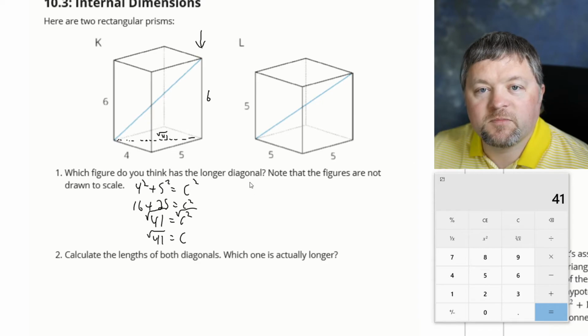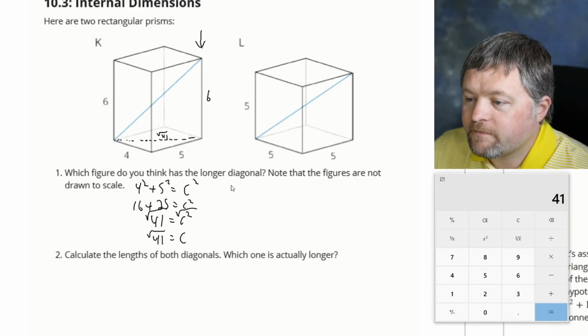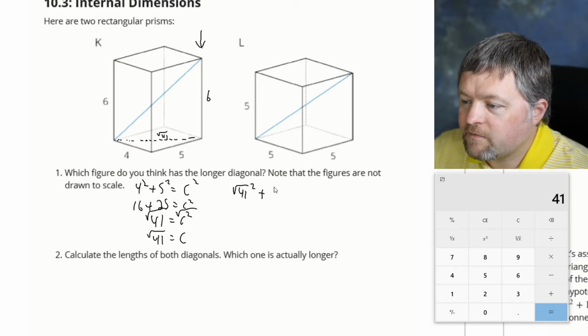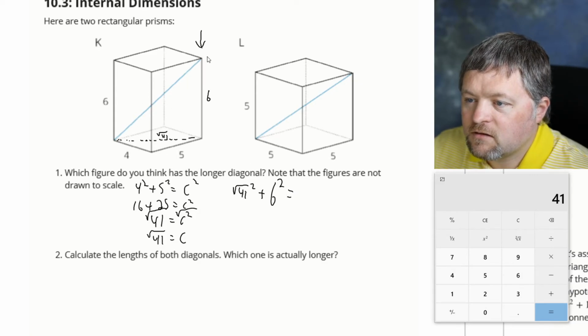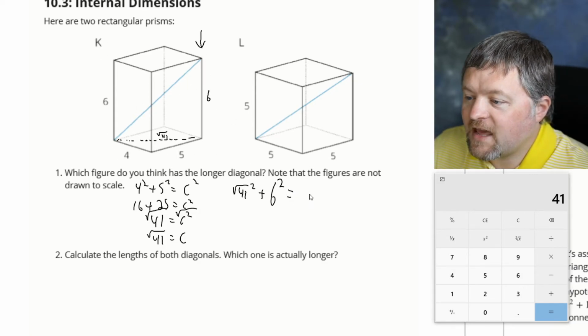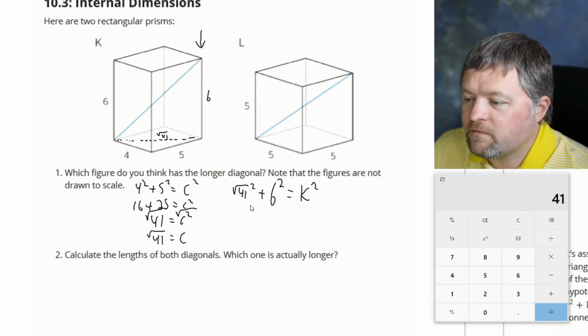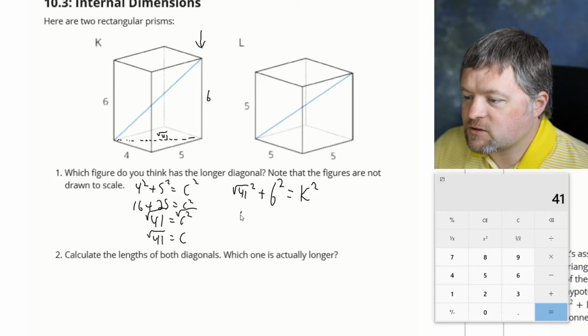So we have to use the Pythagorean theorem again. The square root of 41 squared plus 6 squared equals the diagonal of k. So I'm just going to call that k squared. Square root of 41 squared is 41. 6 squared is 36.